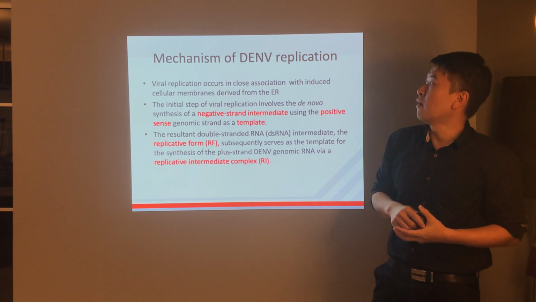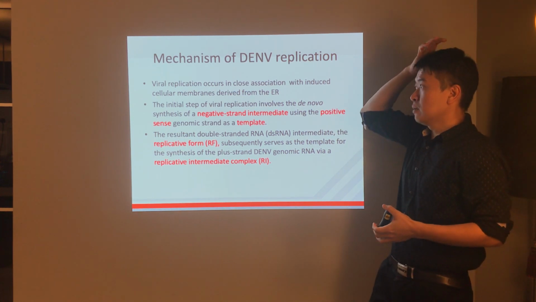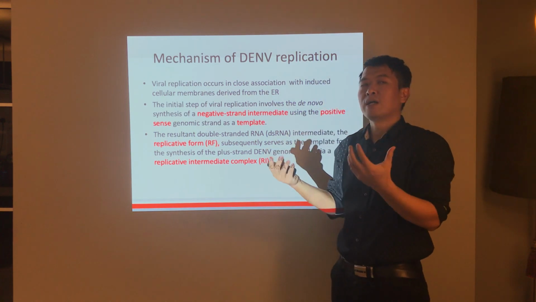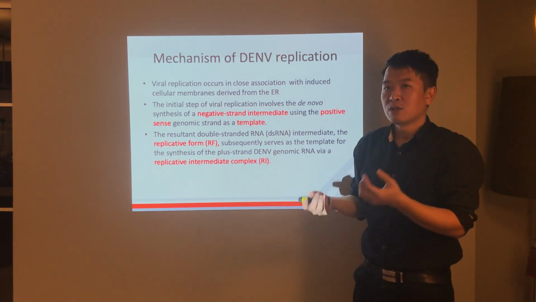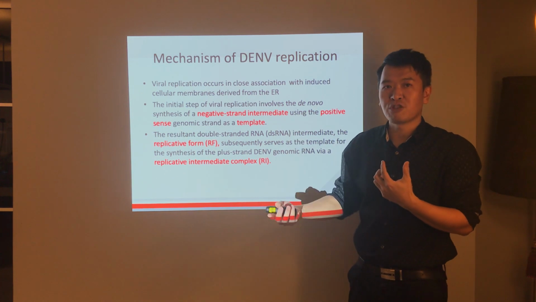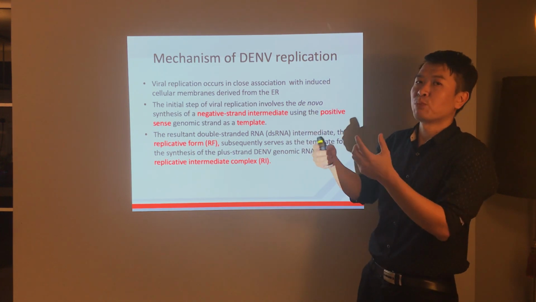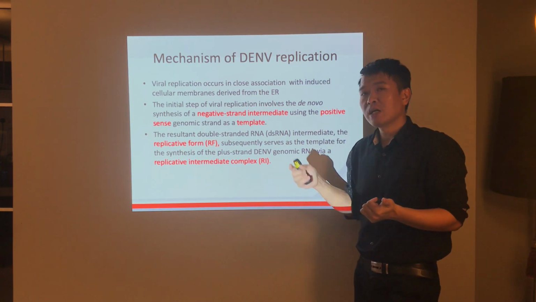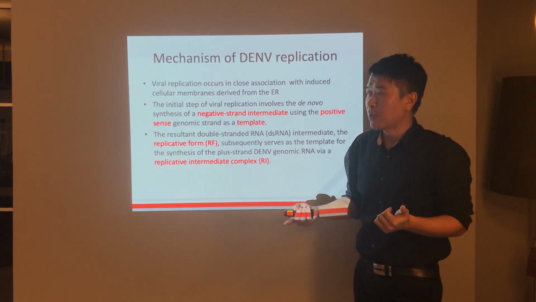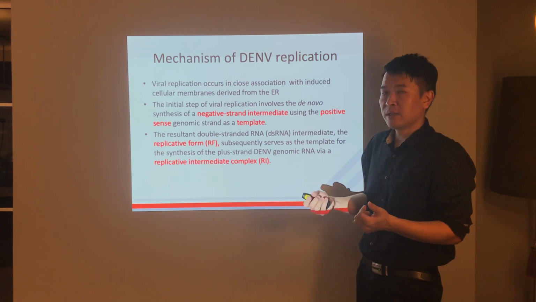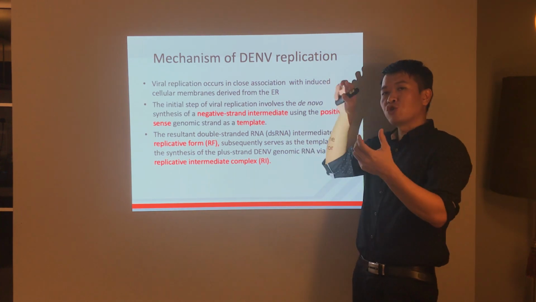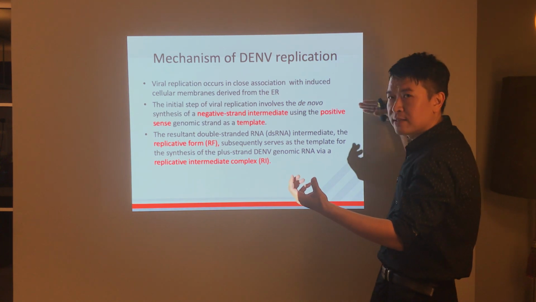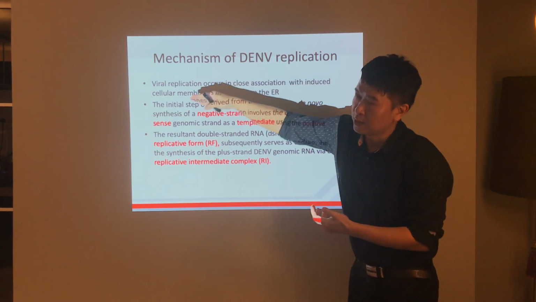Now the mechanism of dengue virus replication. Because it's a positive RNA, in order to produce more positive RNA, it has to produce a template, which is the negative strand. Here the NS5, which is the polymerase, is the important one that binds to the 3' end and starts synthesizing, just like poliovirus, in these directions.